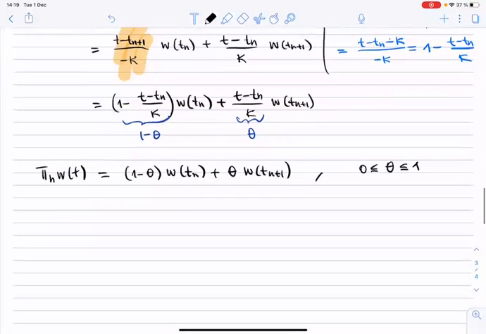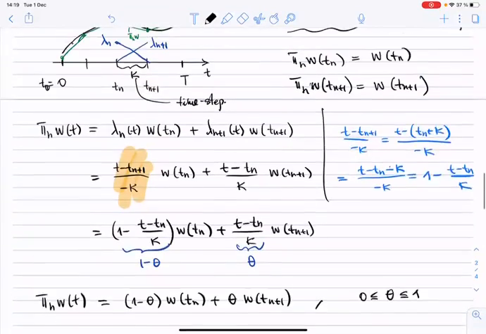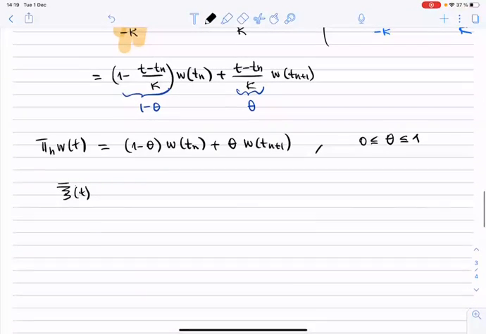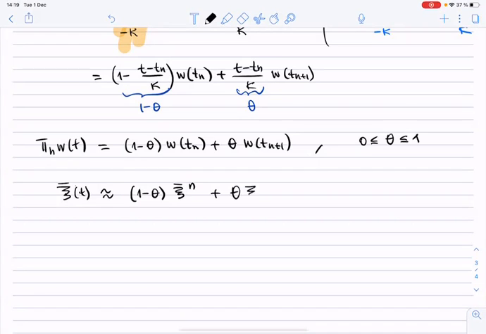So we use this idea and we approximate this psi t, because we have a psi t in our differential equation. We approximate it by this relation that we get. So this is psi at time n plus theta psi n plus 1.